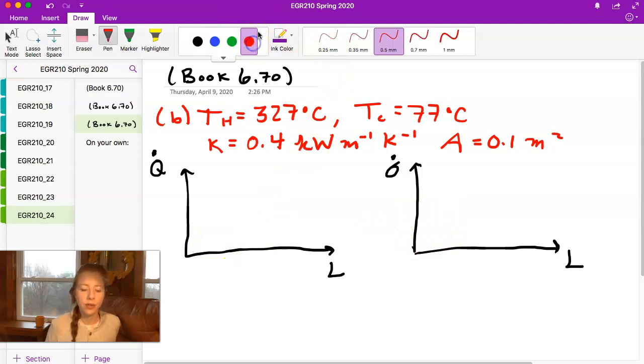So if we were going to go through and do this, we end up with the rate of heat transfer dropping off the longer the rod gets, and the same goes for the rate of entropy production. So that is it for that.